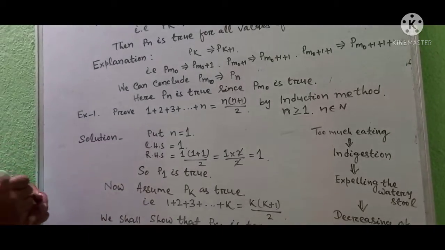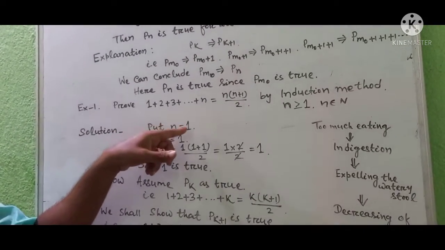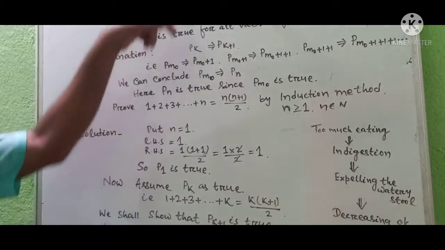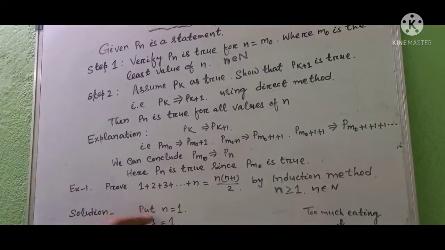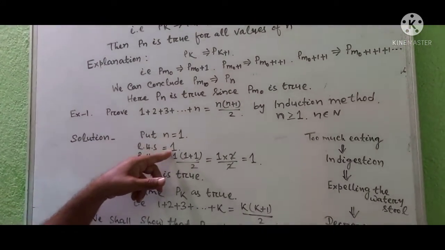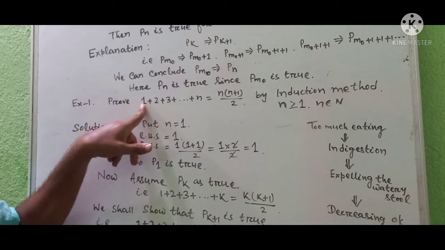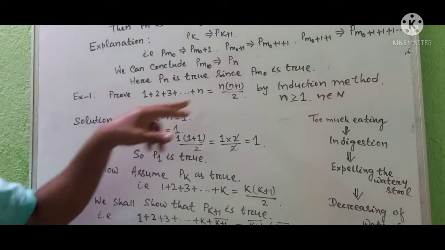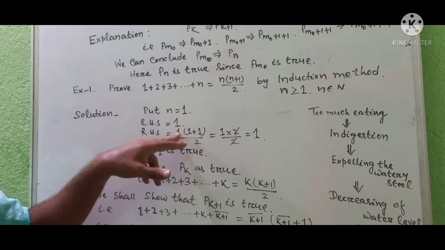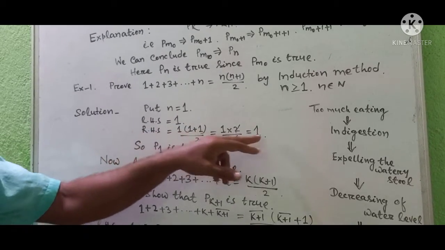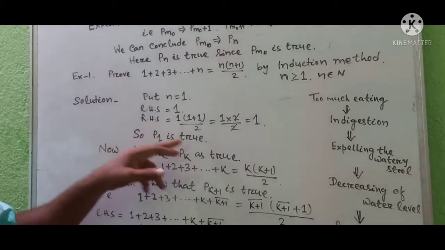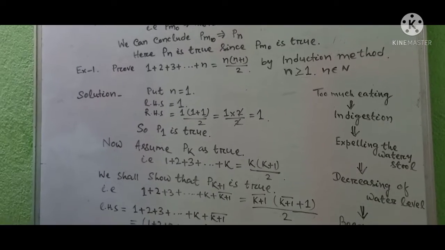According to the steps I have given, put n=1. LHS is equal to 1. RHS, putting n=1, is 1 into 1+1 by 2, which is equal to 1. So P1 is true.